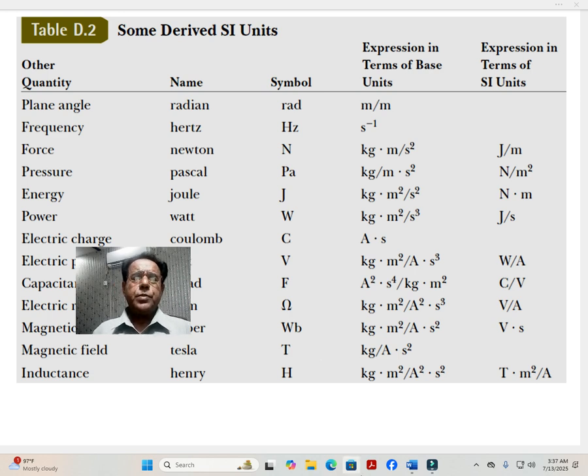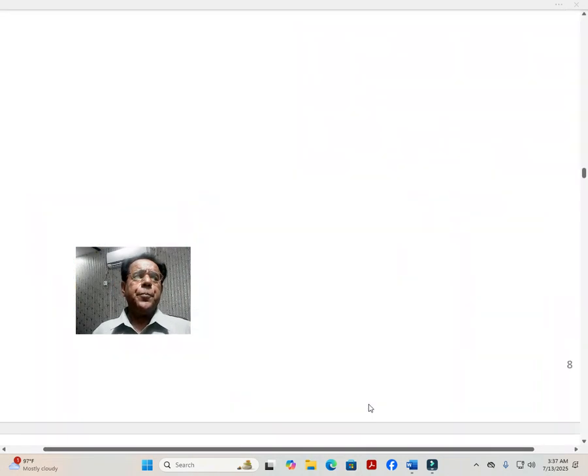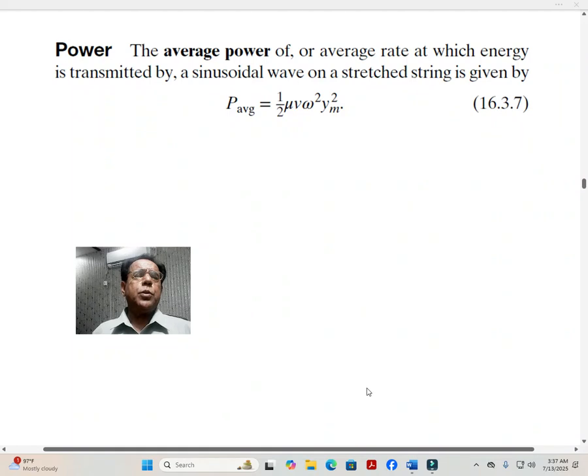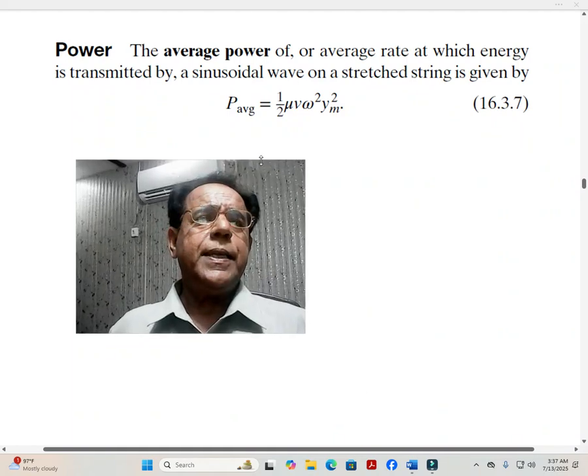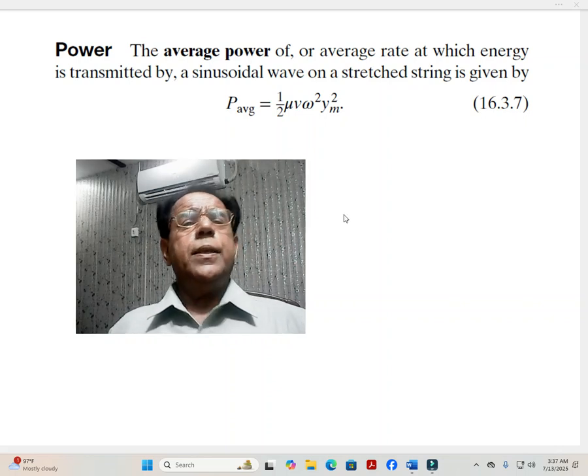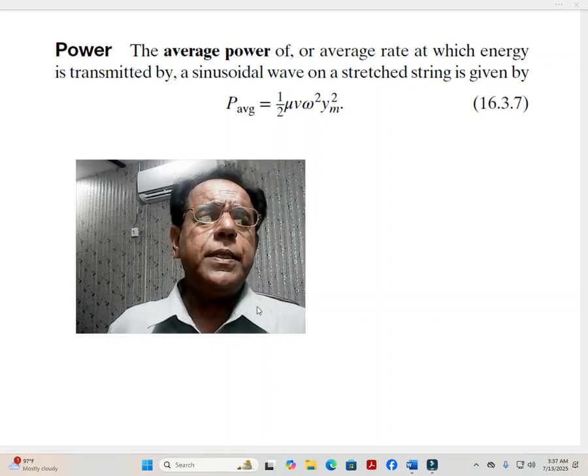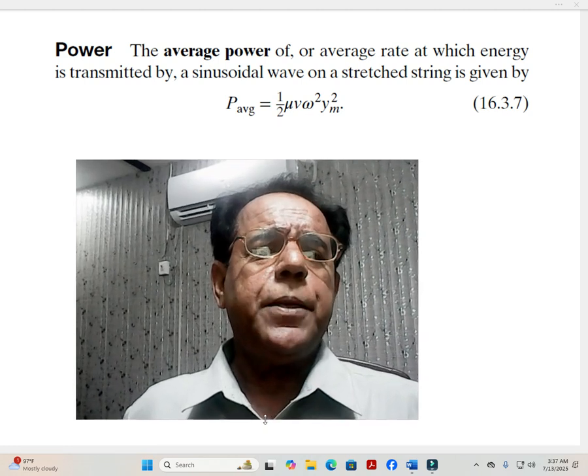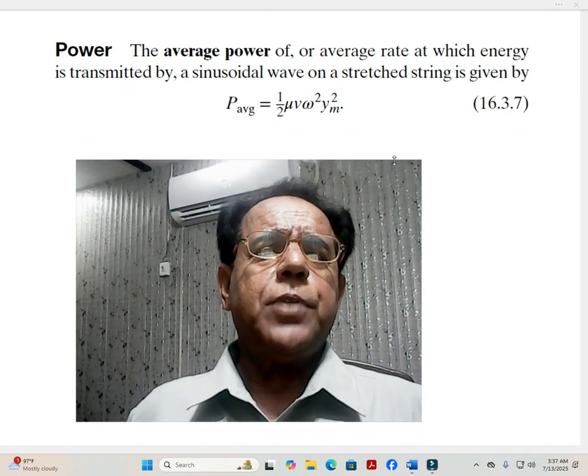Now we move forward and see which snapshot is waiting for us. Yes students, here again is the previous snapshot in a slightly different pattern, chosen from some other book.